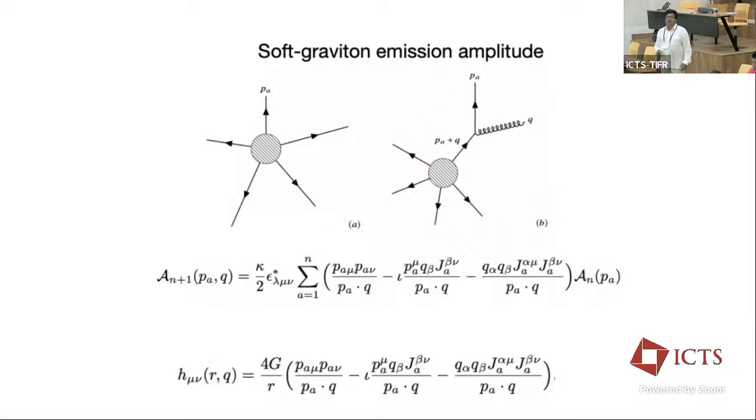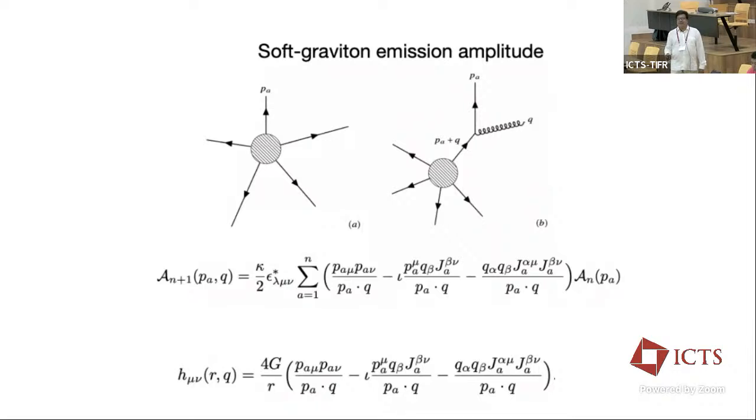This 1 by (P plus Q) whole squared minus M squared, which is the propagator, will give you this P dot Q. And if you expand the T mu nu in powers of Q mu, the graviton frequency, you can organize it so that you have just linear momenta, then momenta and angular momenta, and then quadratic in angular momenta. So this is just the expansion of the T mu nu. And all of them have this P dot Q, which comes from the propagator.